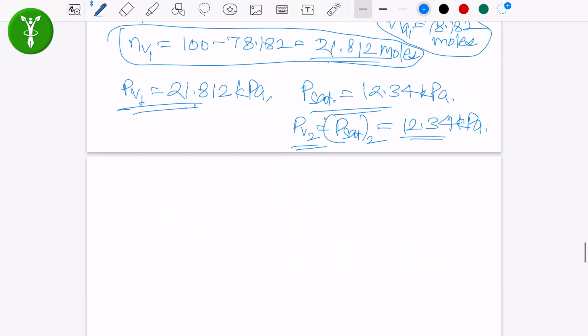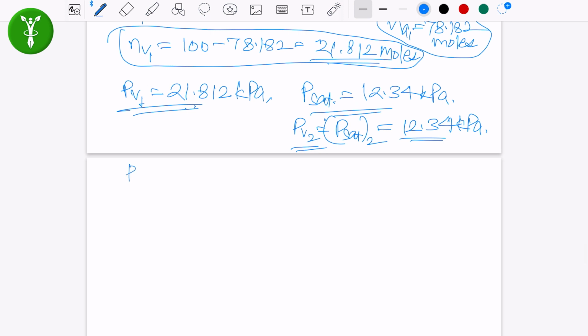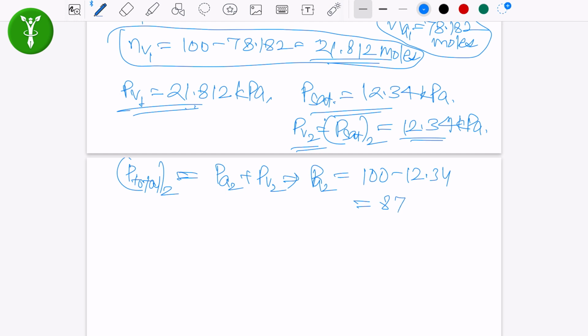Okay, now at the second stage also P total we know is 1 bar only. At constant pressure condensation will happen. So Pa2 plus Pv2, here Pa2 will be 100 minus 12.34. This is equal to 87.66 kilopascal.